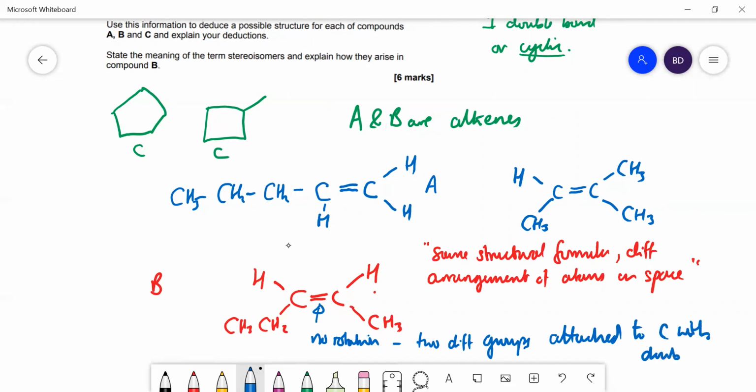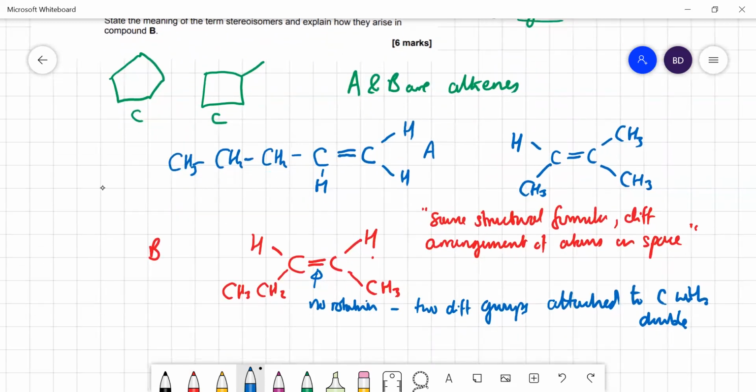There's 2 carbons in the double bond, and each one has got to have 2 different groups attached in order to give rise to stereoisomerism. Okay, so that should cover all the marks in that question.